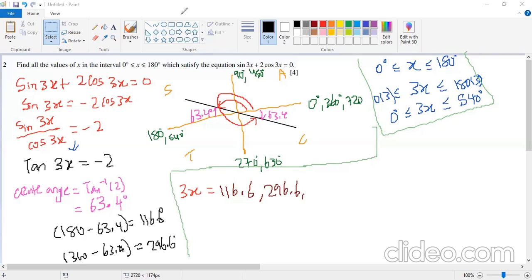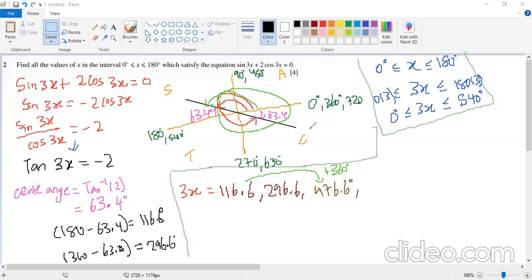For the third one, continuing on that line, we go across for another round and return back to this. Basically, we just take this number and add 360 as a shortcut, because each round is 360. So 116.6 plus 360 is 476.6 degrees.